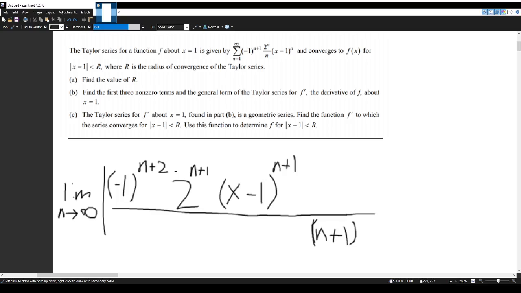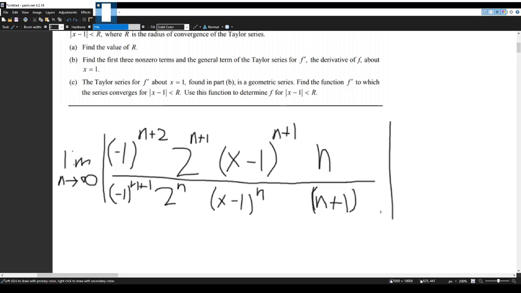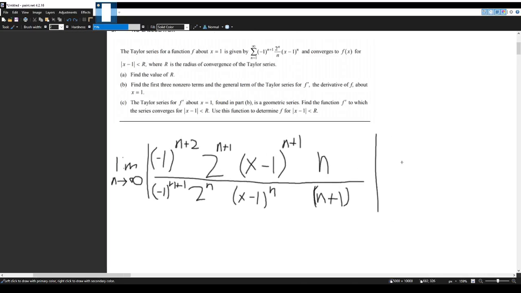Anyways, so negative 1 to the n plus 1, line that up with the other negative 1, times 2 to the n, line that up with 2, times x minus 1 to the n, and then divided by n. And we're going to put this in the numerator, which is why I put this thing kind of off to the side. So the absolute value of this as n goes to infinity is going to have to be less than 1. Of course, that's the ratio test.